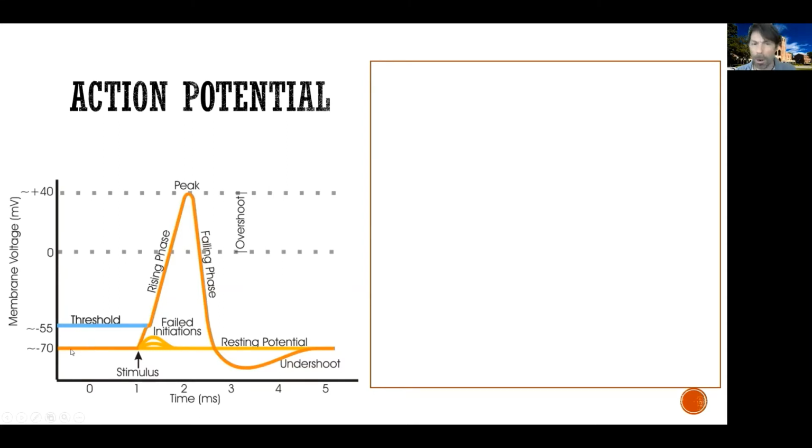For example, large pyramidal cells tend to have, on average, a membrane resting potential of just about -70 to -75 millivolts.